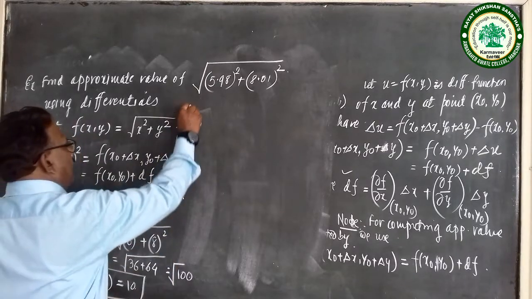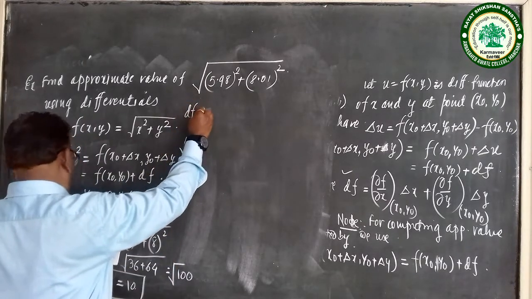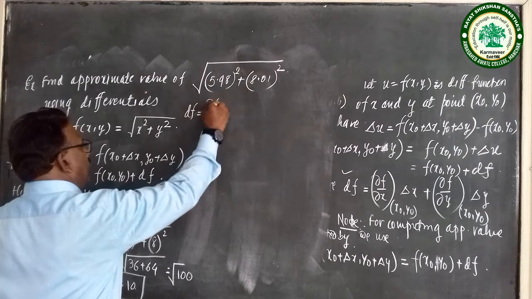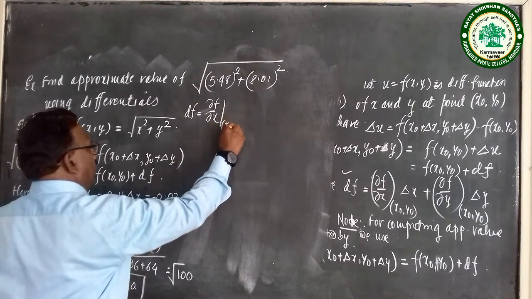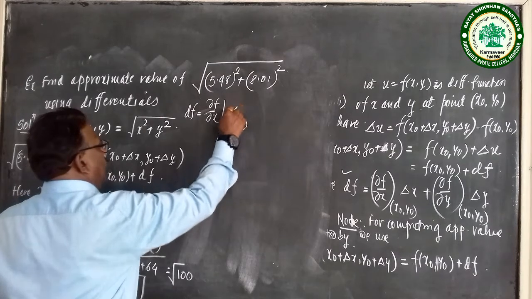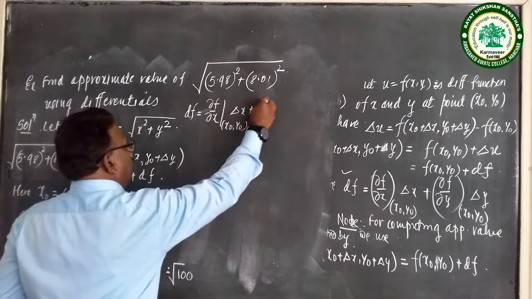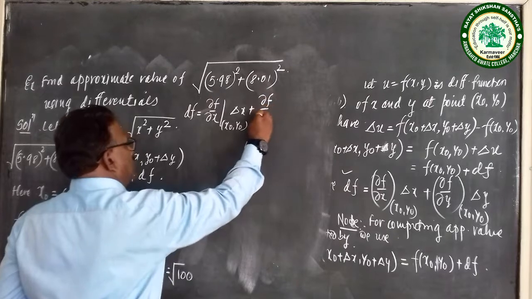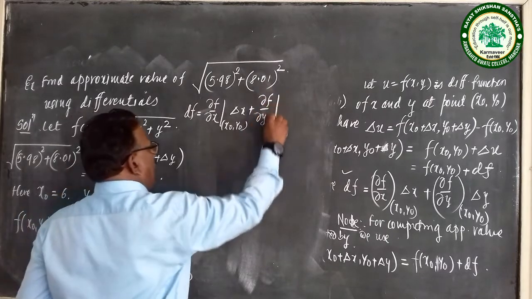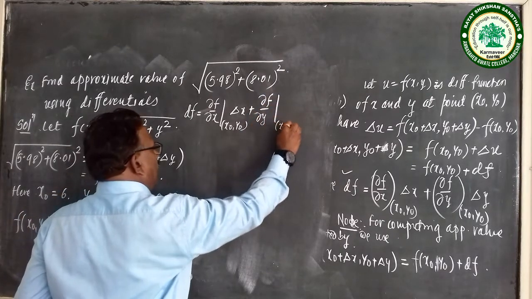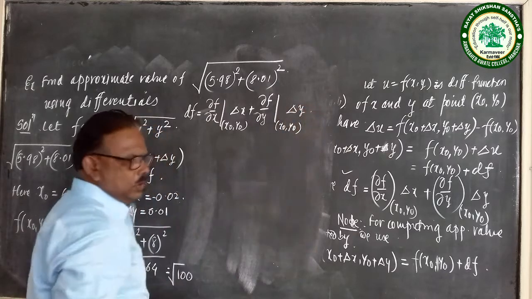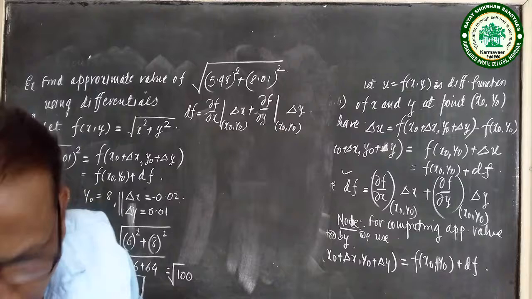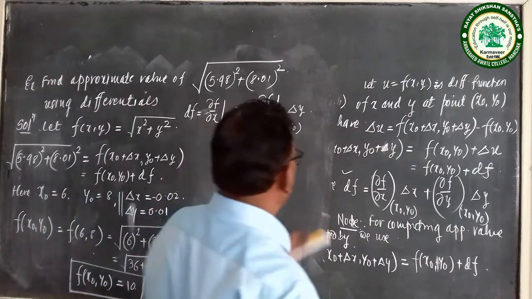Now df is equal to the partial derivative of f with respect to x at point (x₀, y₀) into Δx, plus the partial derivative of f with respect to y at point (x₀, y₀) into Δy. You should remember that you have to take the first partial derivative of the function with respect to x.